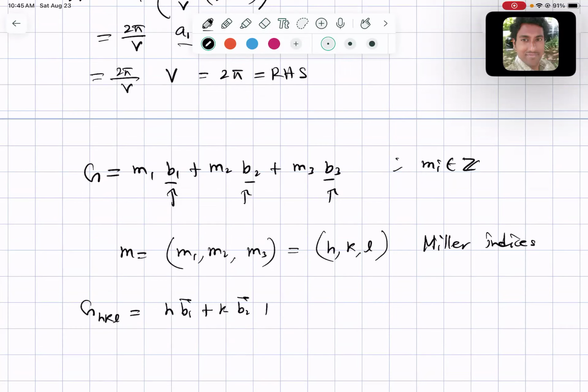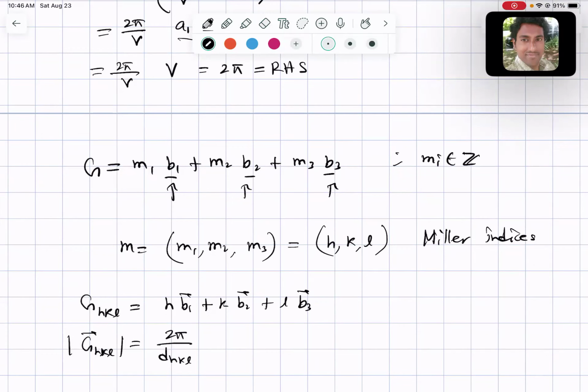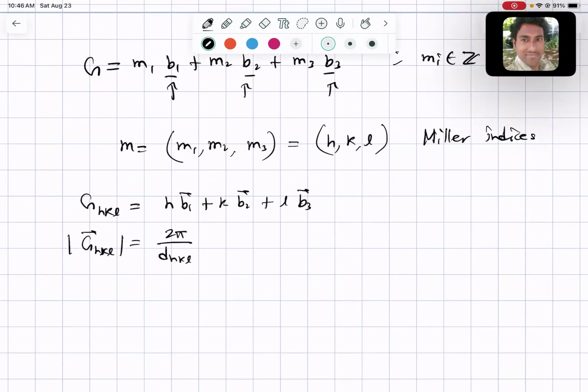And the norm of G_HKL is equal to 2 pi over d_HKL. If we denote the norm that way, then Bragg's diffraction law becomes 2 d_HKL sine theta equals n lambda.